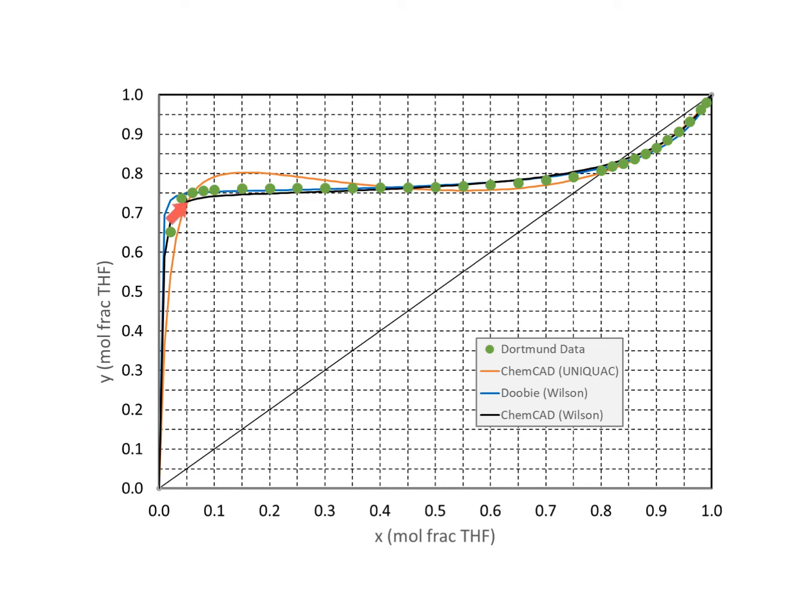I think it did a better job of matching the data in this region, and pretty much the same as the Wilson equation in ChemCAD. Maybe right up in here, ChemCAD followed the data a little bit better, but here is where we would be doing most of our distillation up to the point of azeotrope.